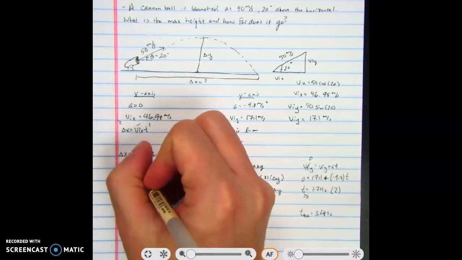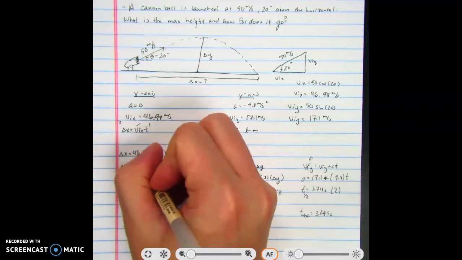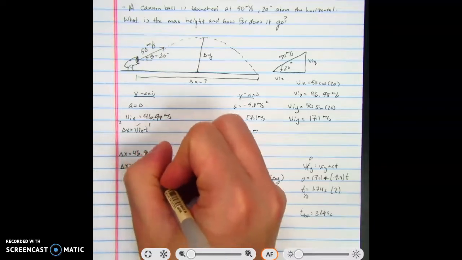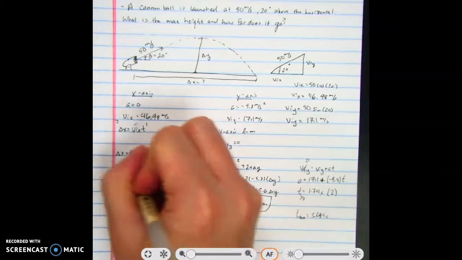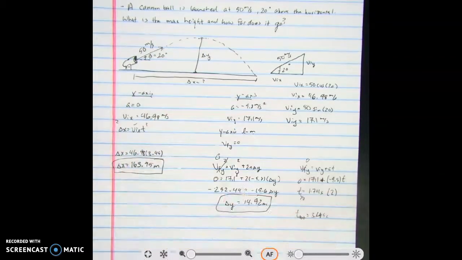And we're looking for a distance of roughly 163.95 meters. Okay? So yeah, now we got a bit more work on our hands to solve these questions out.